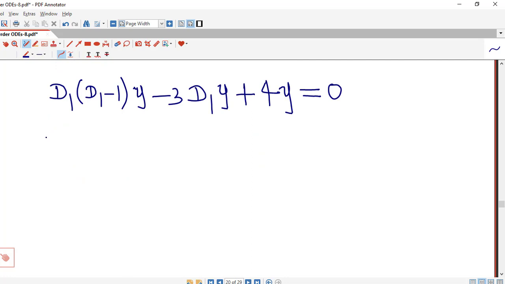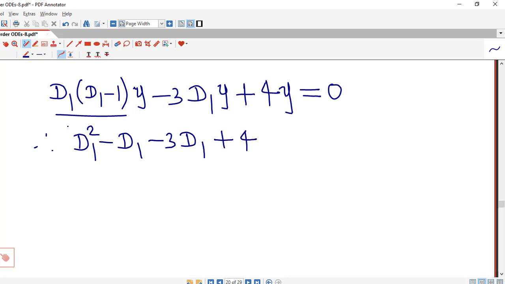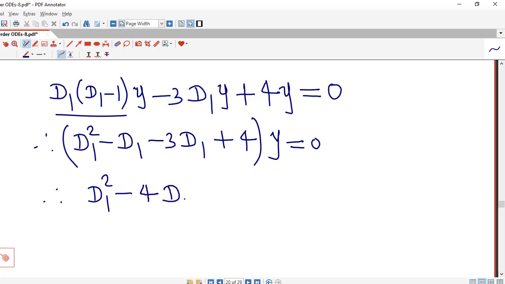Now we can simplify this. We consider the multiplication of these two, so we have D1² minus D1. We can take y common, minus 3 D1 plus 4, y equal to 0. Therefore (D1² − 4 D1 + 4) y equal to 0.